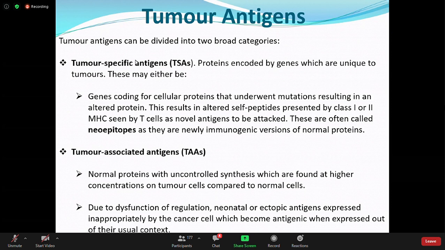The other class of tumor antigens are these so-called tumor-associated antigens. These are normal self-proteins. But the thing is that in the development of the tumor, where gene regulation has been completely gone overboard, there are many genes which, as a result of development, as we go into adulthood or as we mature, are switched off.